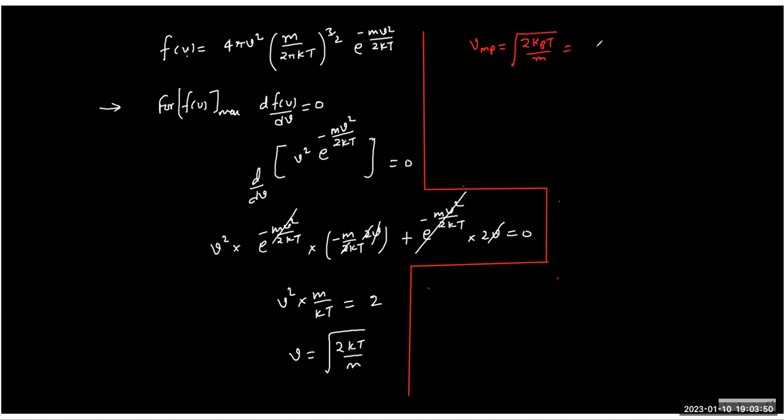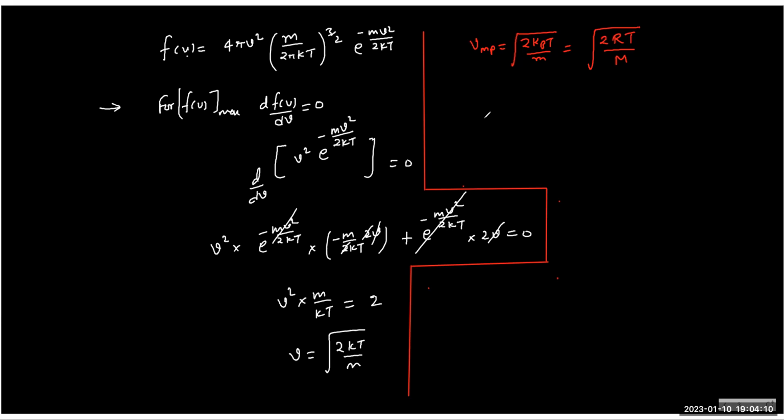If you want to write in terms of molar mass, you can write as 2 RT by capital M, right? So this is what you should know, that how to do this. Now the function can be given to you, will be easier one. You may be given some graph as well, and you're supposed to interpret it correctly.